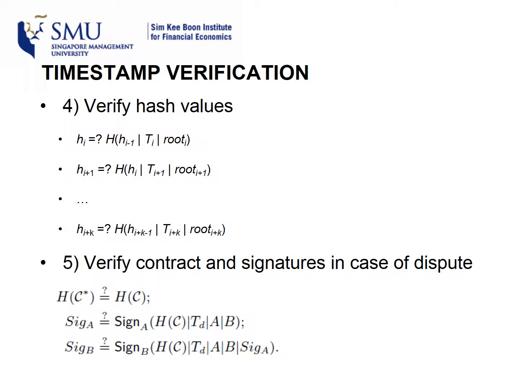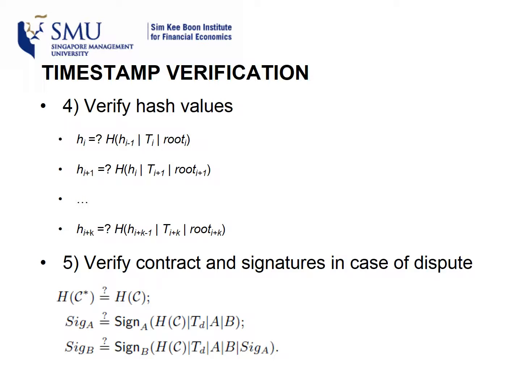One also needs to verify that the hash chain values are correctly formed. One needs to verify that each hash value is calculated from its previous hash value and the timestamp, as well as the corresponding macro root. For example, Hi should be the hash of its previous hash value Hi-1, Ti, and root Ri.